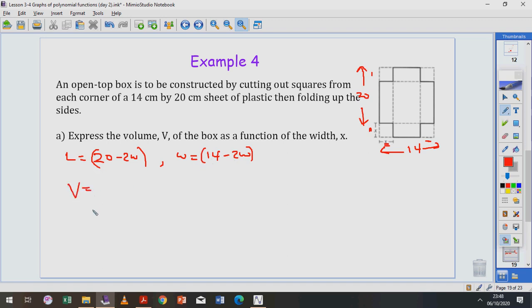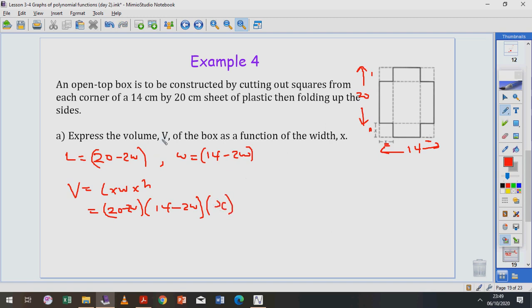Now you know that the volume of a cuboid or a box is length times width times height. So I'll have length, which is 20 minus 2x, times width, which is 14 minus 2x, times the height, which is x.